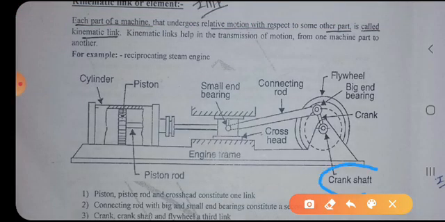The crankshaft and bearing form the first kinematic pair.